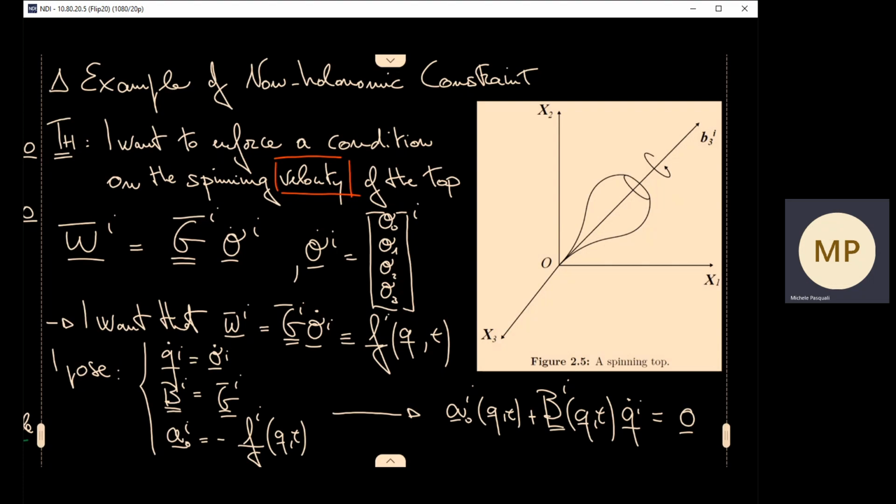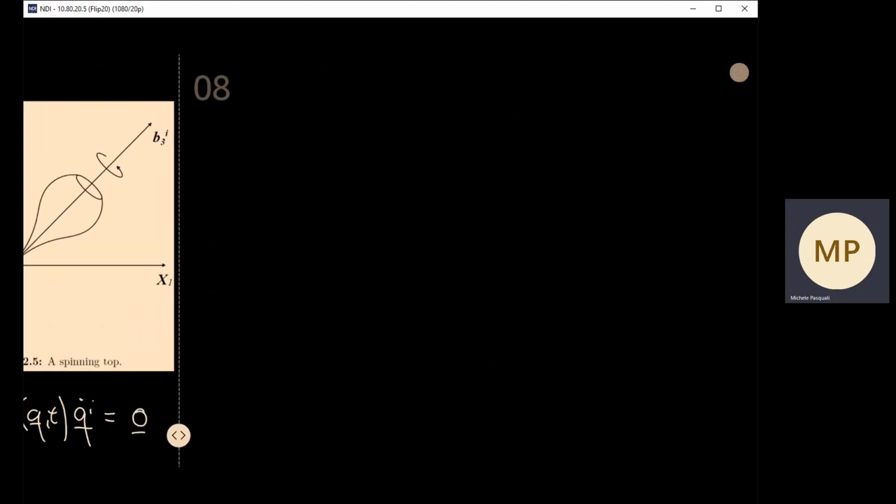Non-holonomic, the way the system moves. Is it the same in terms of reducing the number of independent parameters which I can set to describe my system? Let's find out. Have you ever thought about this? All right, let's see.